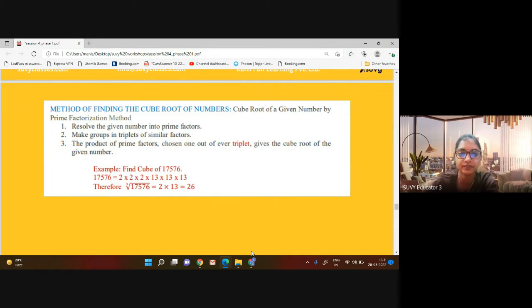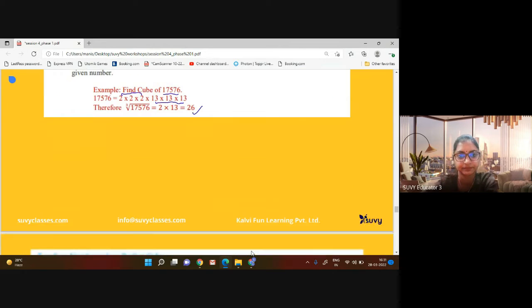So as for example, it is given to you, you have to calculate the cube root of 17576. So just factorize this, we will get it as 2 into 2 into 2, 13 into 13 into 13. So you will start making triplet instead of pair. 2 into 13. So the answer is 26.